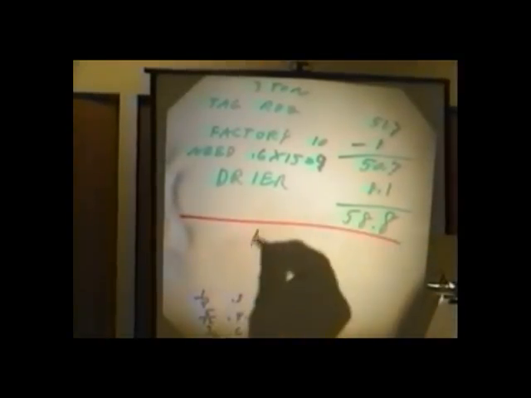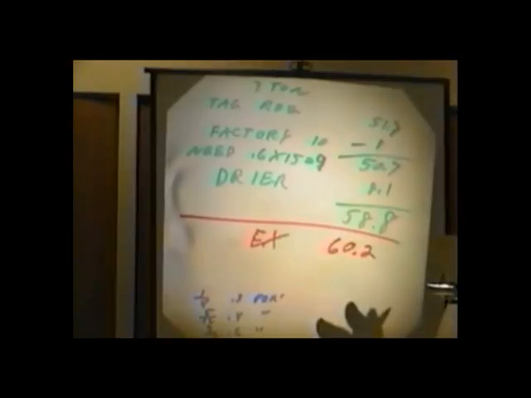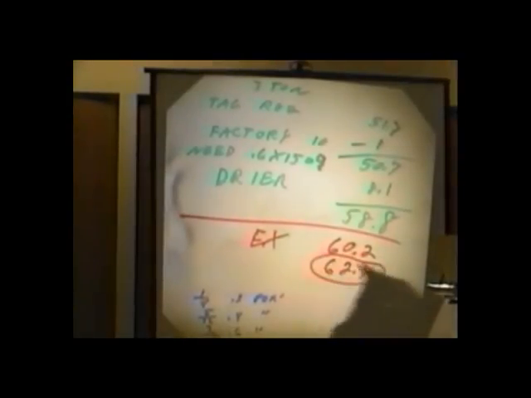Let's just say you had to recover. As an example, let's say you needed 60.2 and you had 62.4 in the system.